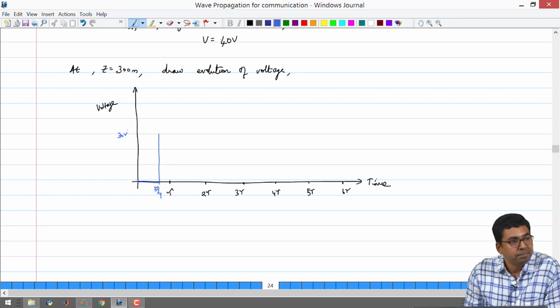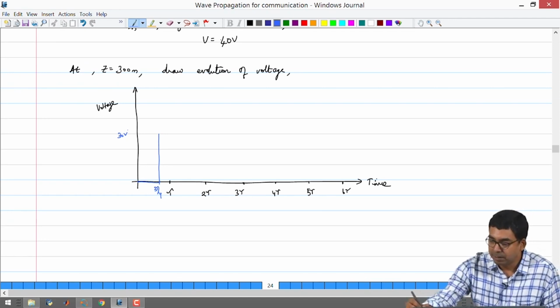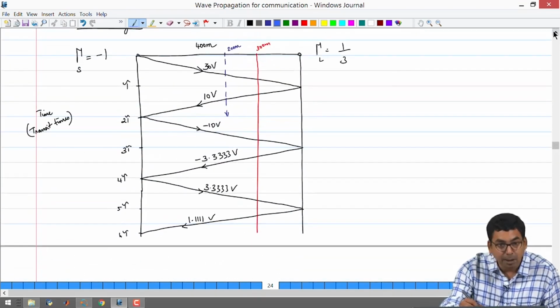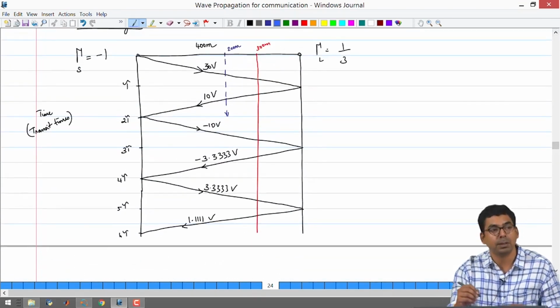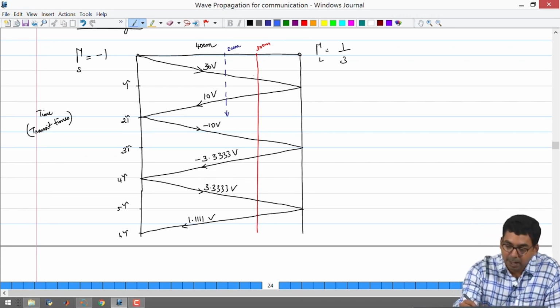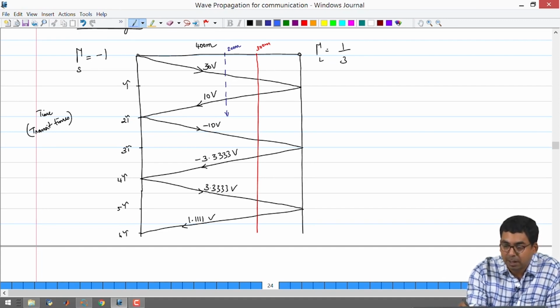Okay. And after that, if you look at the bounce diagram, it remains at 30 volts, because the source is continuously supplying 30 volts, right? It remains at 30 volts, and then after some time 10 volts get added to it. So you have to calculate the time it took to go there and then come back, and then you will add 10 volts at that place. So this is 100 meters, this is another 100 meters, 200 meters, that is half the transit time.